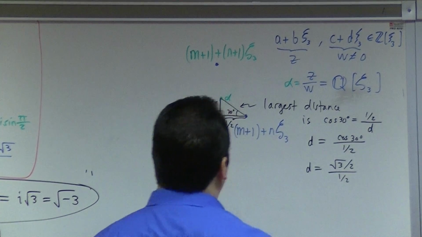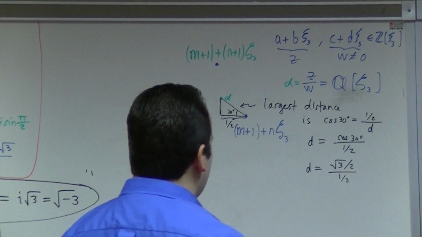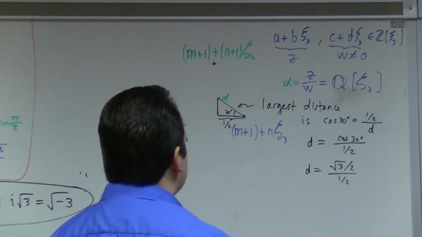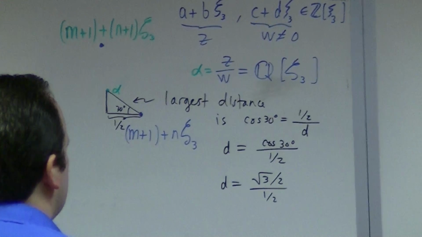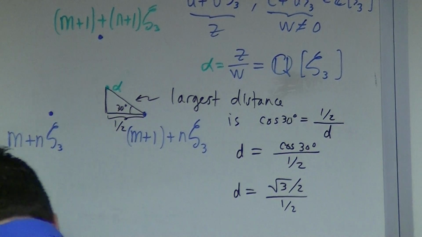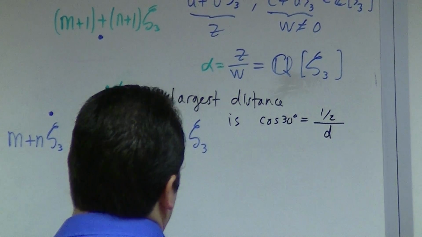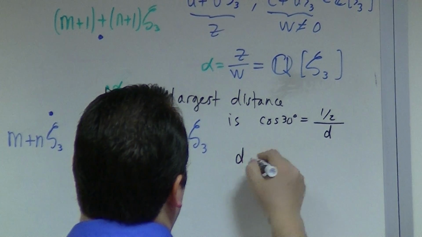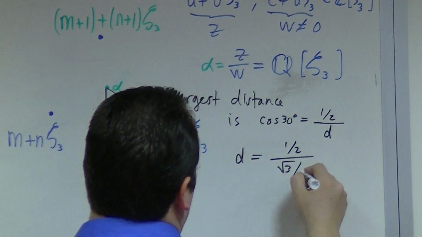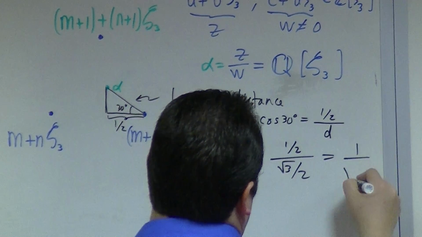Hey, it's 1/2 over cosine of 30. Yeah, I can't do that. D is equal to 1/2 over cosine of 30, right? So 1/2 over the square root of 3 over 2. So in fact 1 over root 3, right?